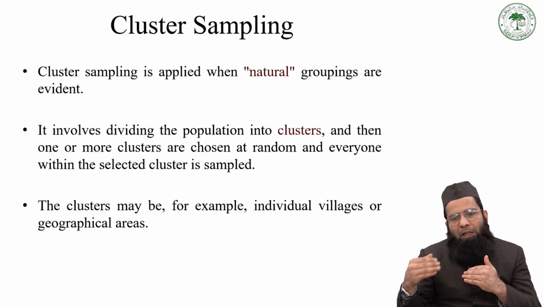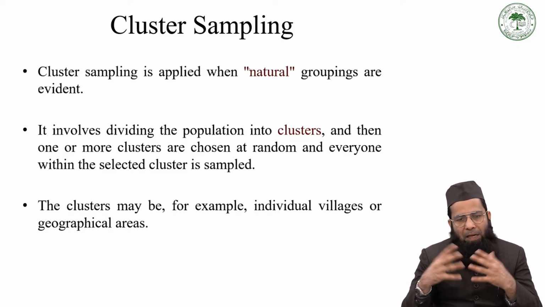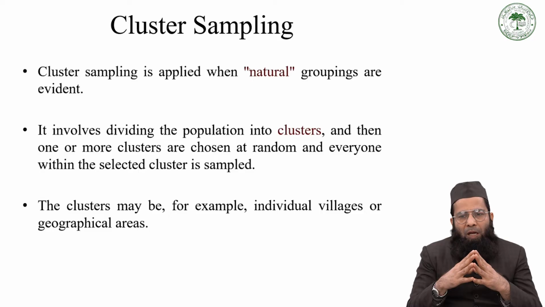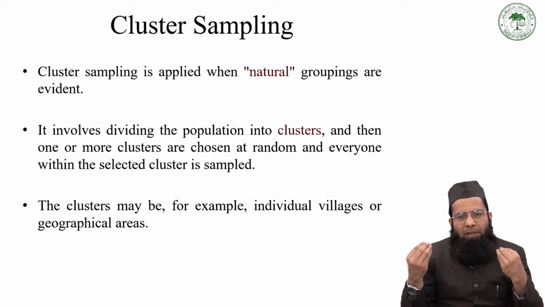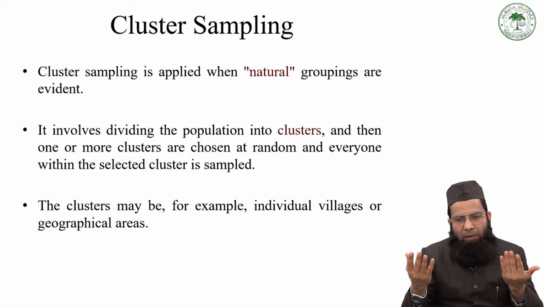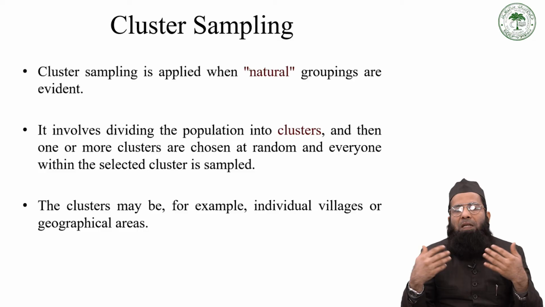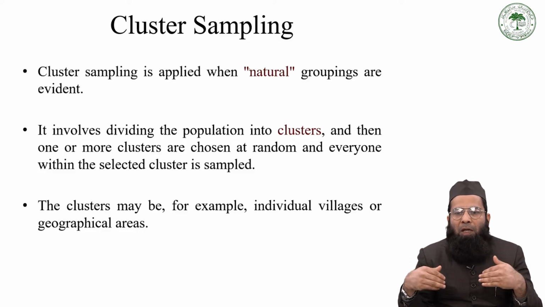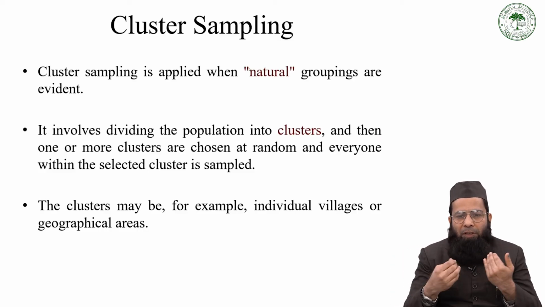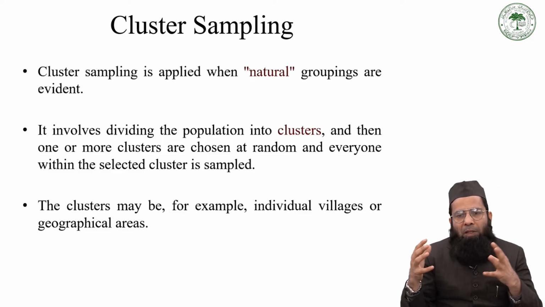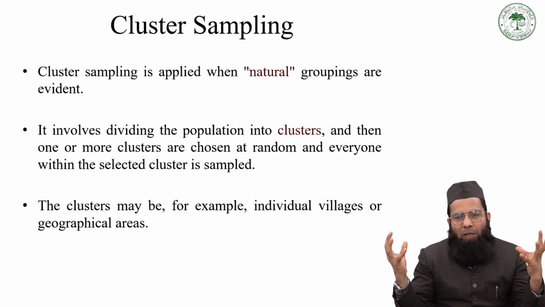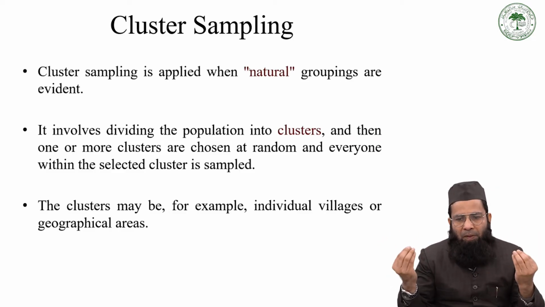So, continuing with the previous example, if we wanted to expand our study on eating habits to the national level, it may be impractical to use simple random or stratified sampling due to the large and widespread population. The population is actually the population of whole India.